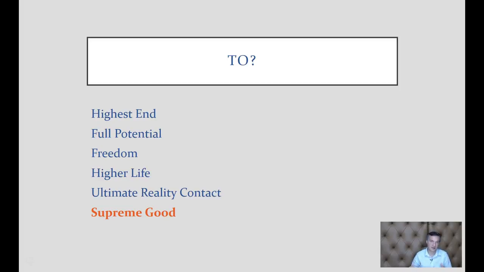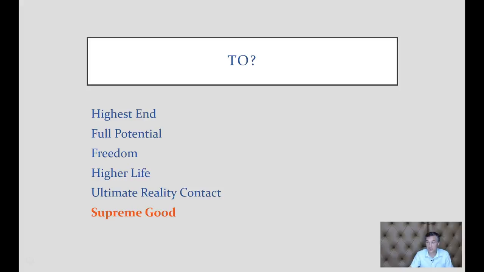And so higher life is a metaphor. It's not literally a spatial difference. It's a spatial metaphor. And it's a recognition that supreme good is something that requires striving and work to attain.